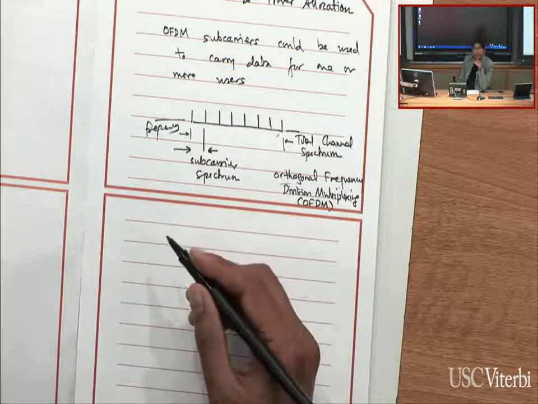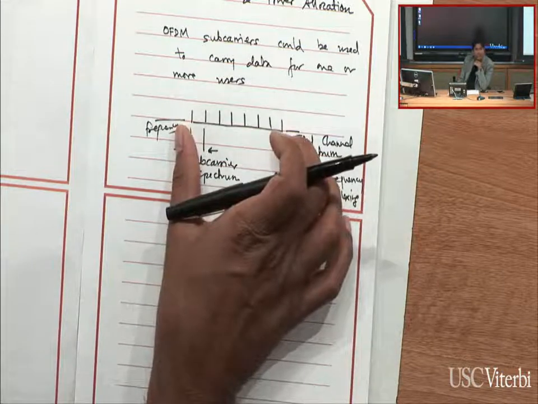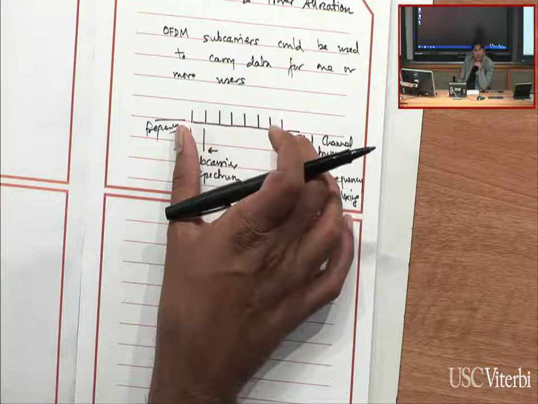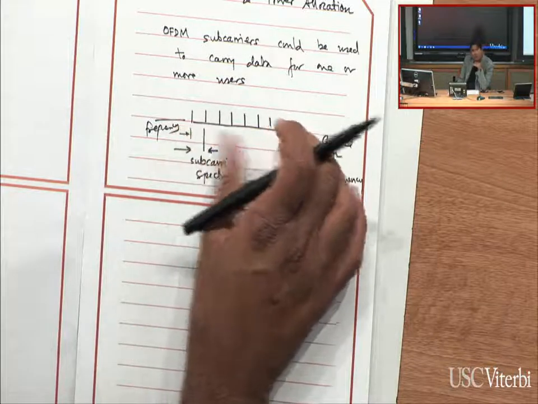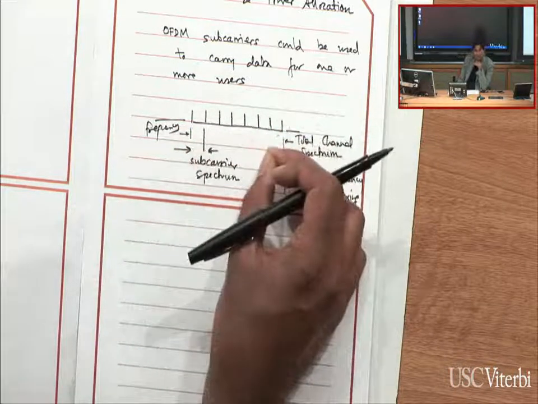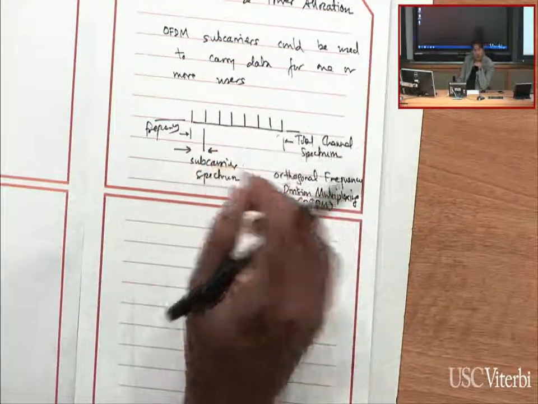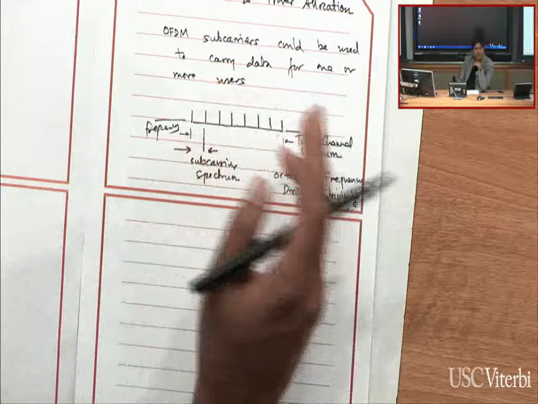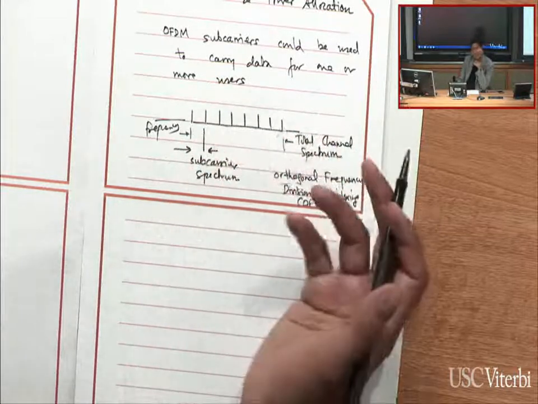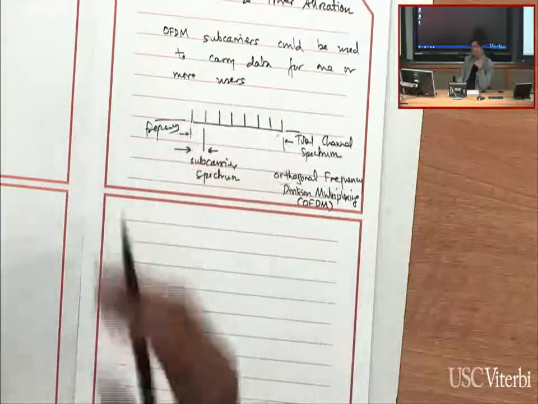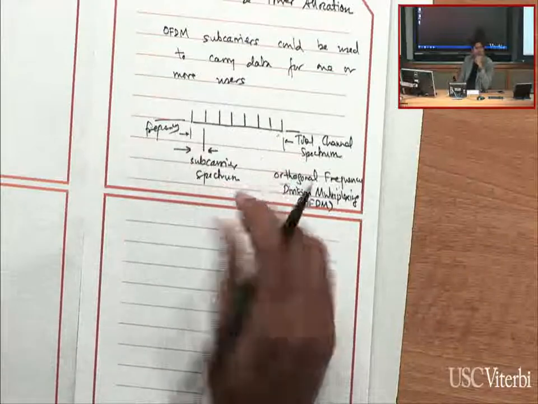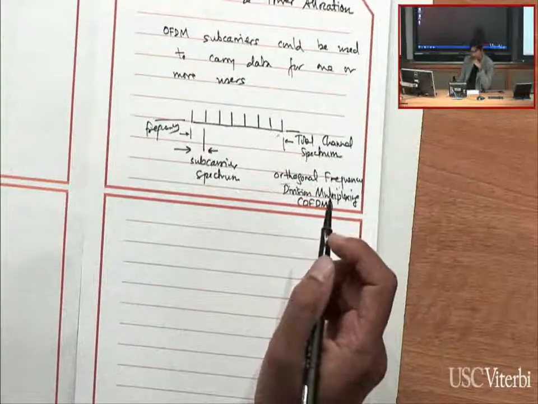And in CDMA, you're occupying a larger spectrum. There are multiple users using that spectrum, but they are all on the same spectrum together. So in CDMA, the orthogonality comes from the code. Here, the orthogonality comes from the frequencies. So it's orthogonal frequency division multiplexing as opposed to orthogonal, say, code division multiplexing or something. So I think that's the sense in which this phrase is being used.